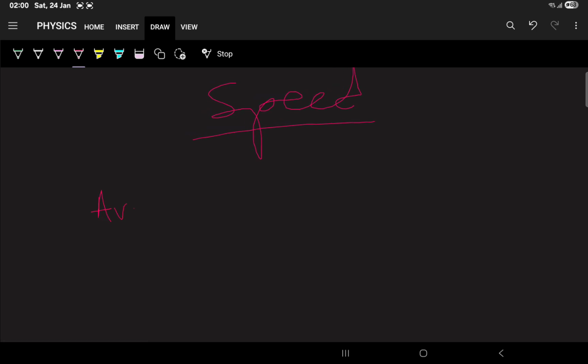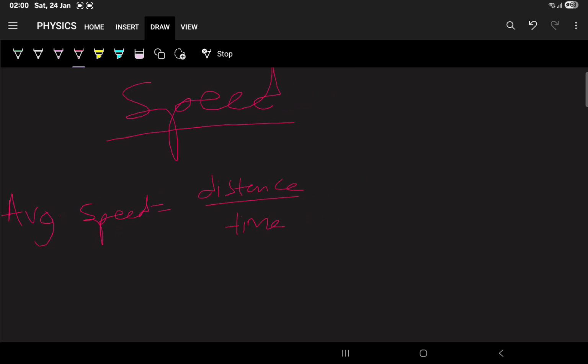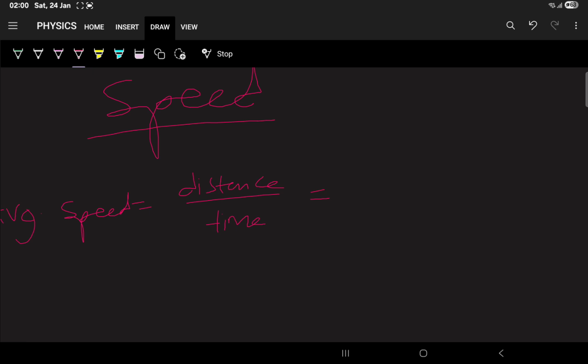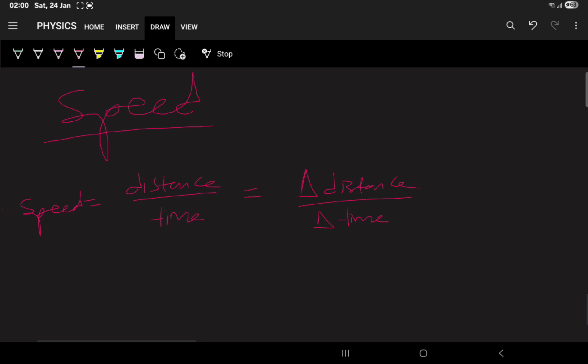So average speed is given as distance divided by time, and this is equivalent to change in distance divided by change in time. That is final distance minus initial distance divided by final time minus initial time, and it's written as this often.